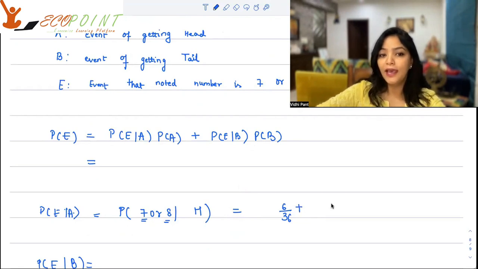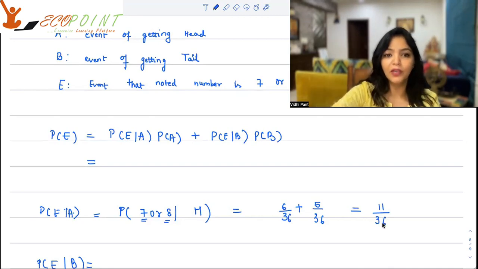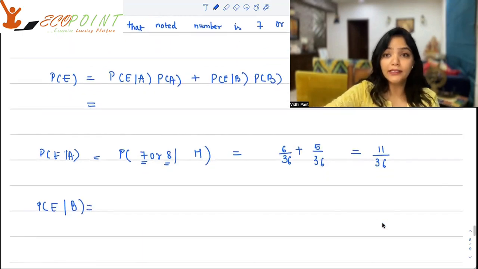And there are 5 positions where I get a total of 8. So 5 out of 36. That means a total of 11 cases give me a total of either 7 or 8 out of the total 36 outcomes here.